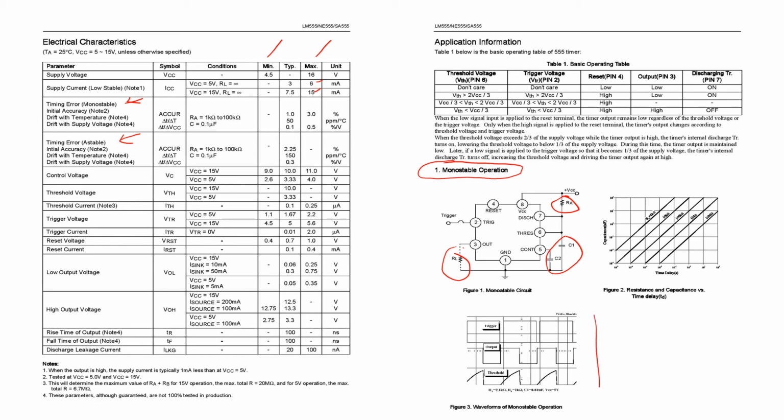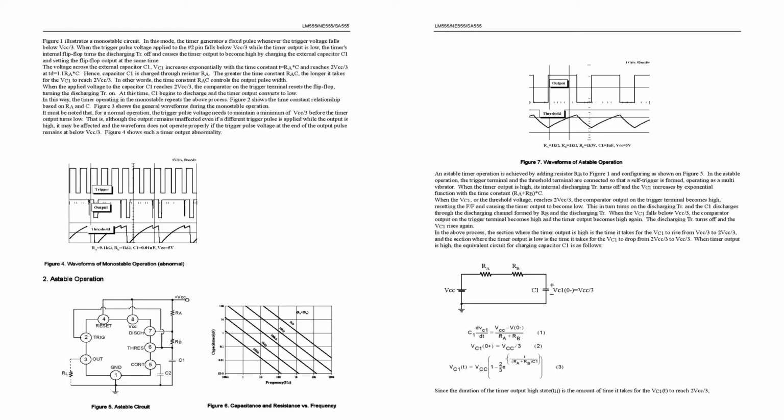We will study these in the next class, but for the sake of data sheets, we can see that it is also given in the data sheet how we can make it work in monostable operation. These are again the monostable input and output waveforms for given R and C values along with the voltage values. This is astable operation.